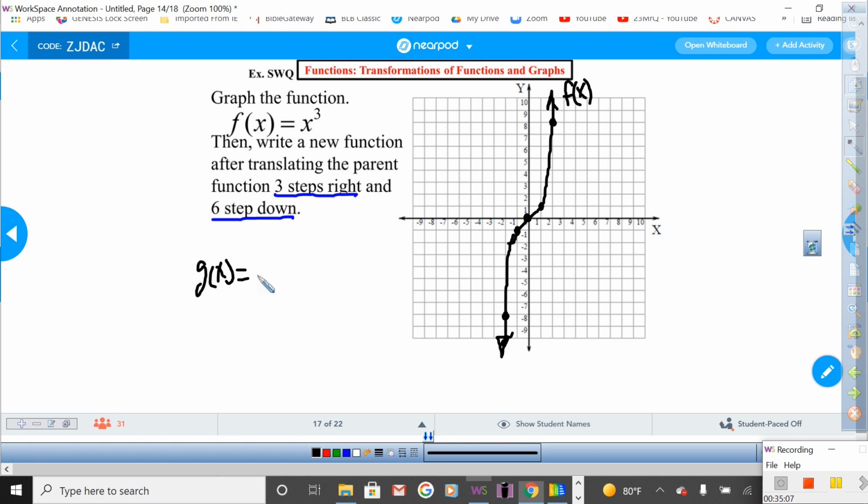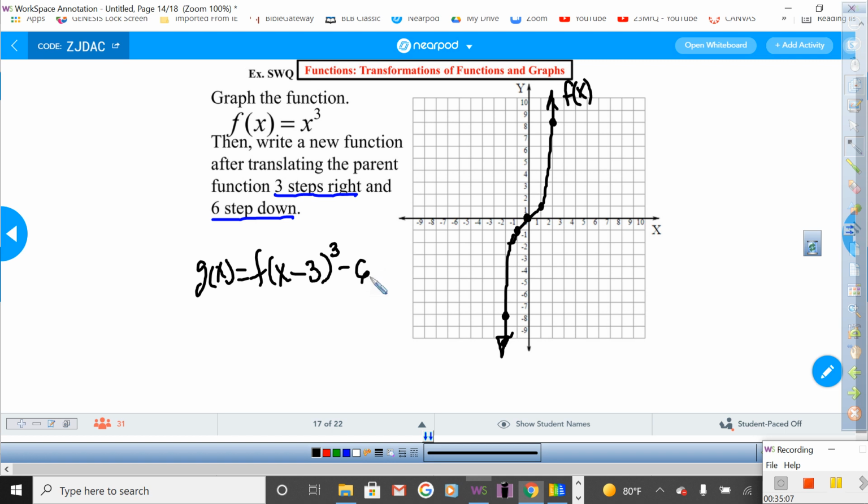Help me out, Lewis. f of x minus three. Close. f of x minus 3, power 3, minus 6. Hands if you got that.